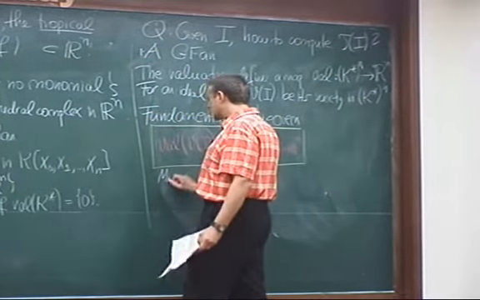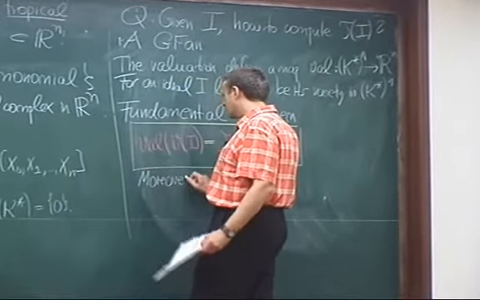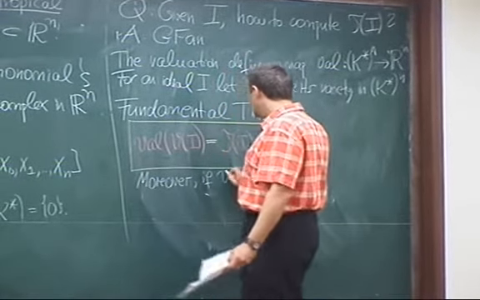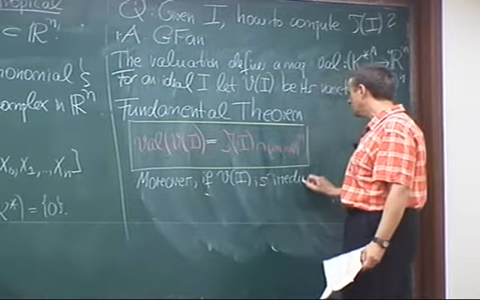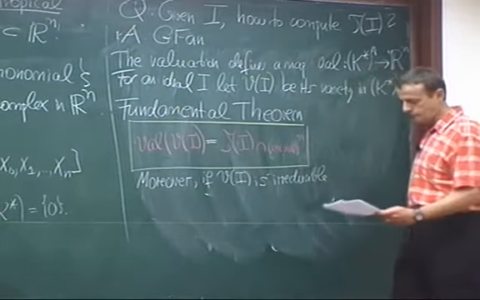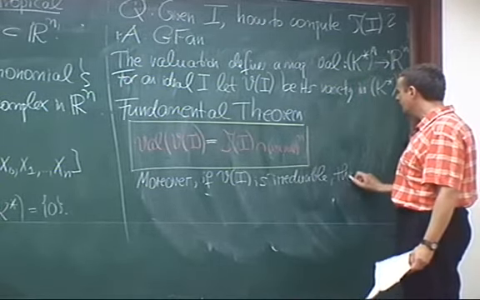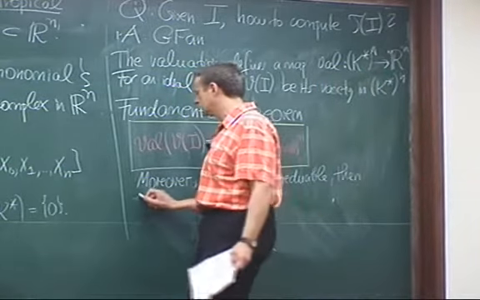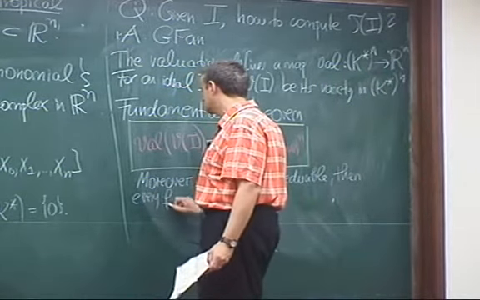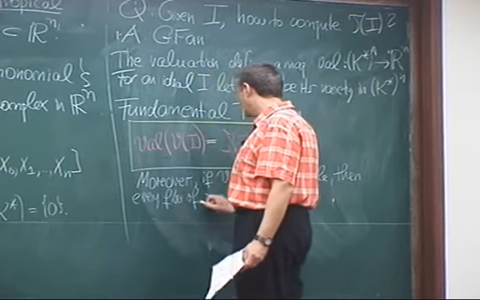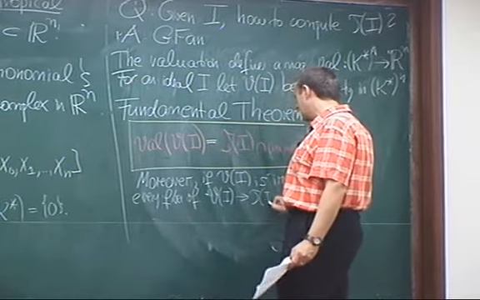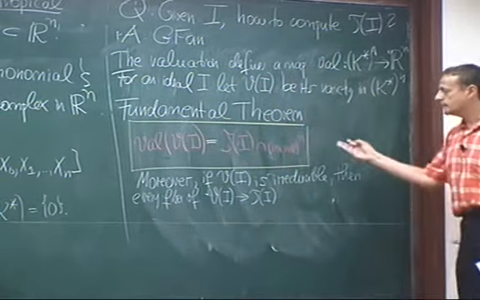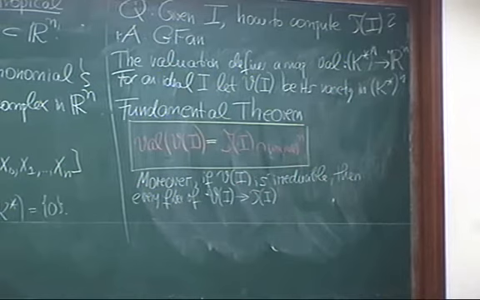Now, moreover, there's even a stronger statement. Moreover, if V of I is irreducible, if I have an irreducible subvariety of the torus, then every fiber of the map, so there's a map from V of I to tau of I, and that map always exists, and the main point of this fundamental theorem is that the map is onto. But this map is not just onto, it's really onto.